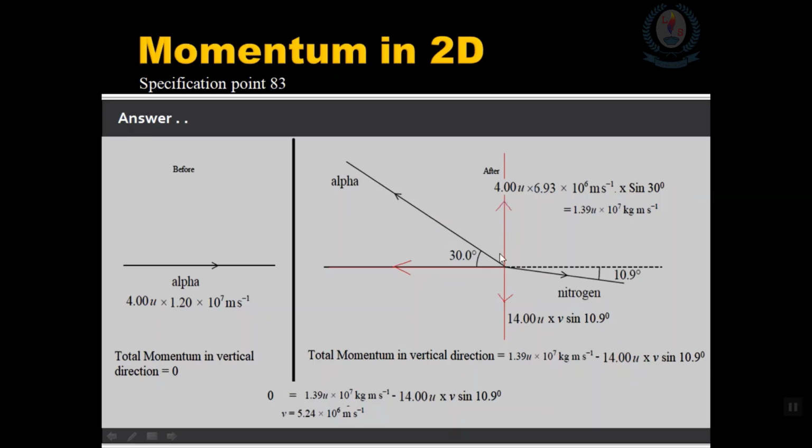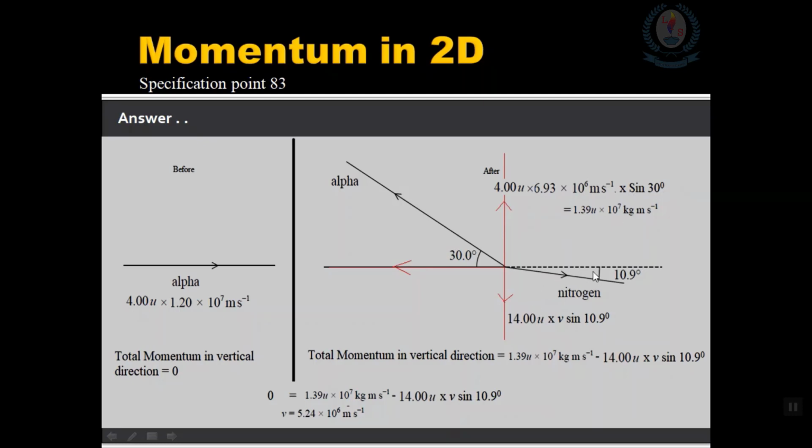So it would be having a momentum upward, which is equal to 4u into 6.93 into 10 to the power 6. As we are moving away from 30 degrees, we write sine 30. It would give us this answer. And what about the horizontal direction? It would be 4u 6.93 into 10 to the power 6 cos 30.